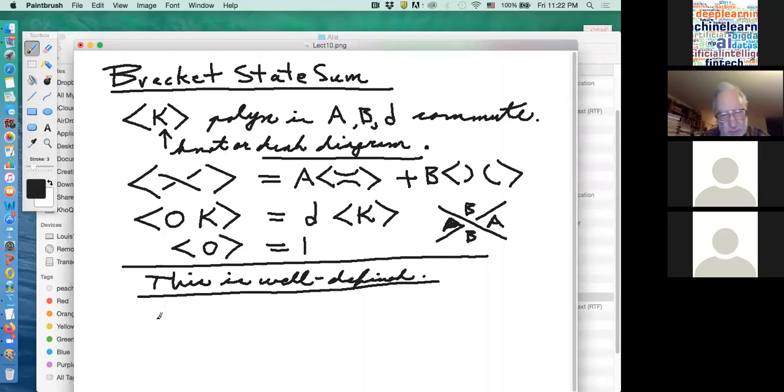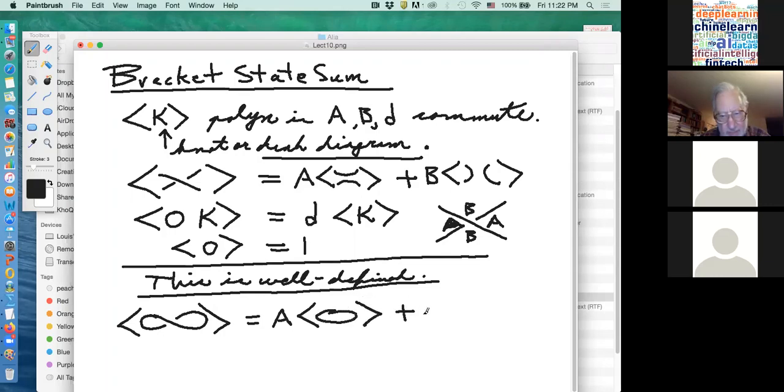So let's suppose, for example, that we wanted to calculate this diagram. Then that would be A times smoothing it this way, plus B times smoothing it the other way.